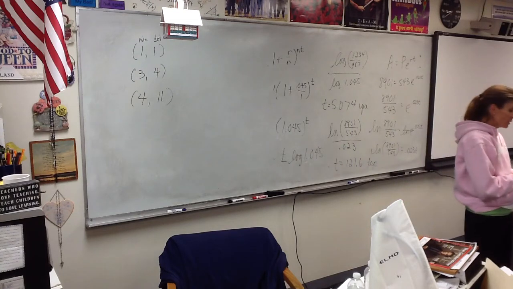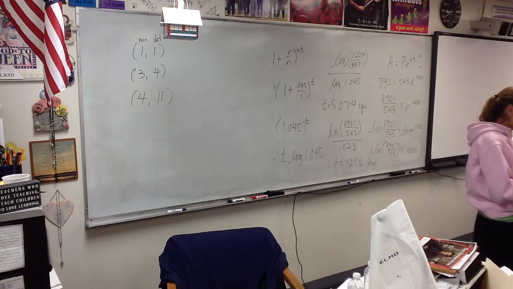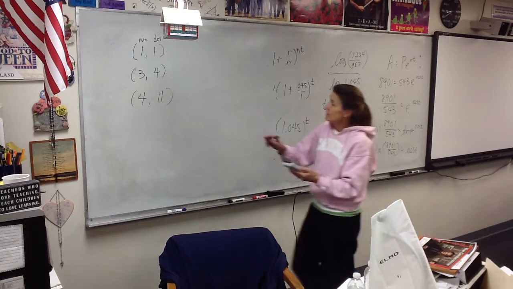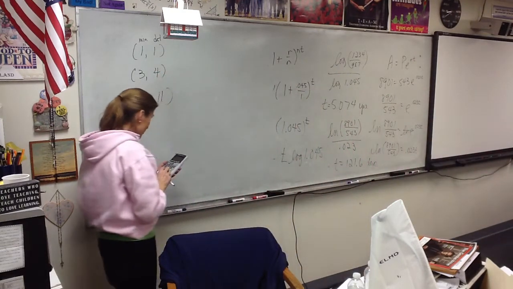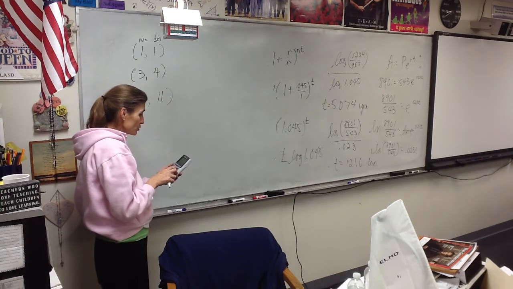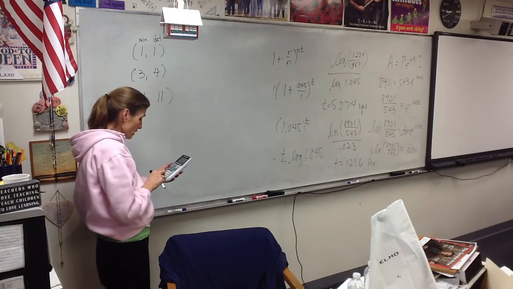Or you can just manually delete them, or you can just type over them. Whatever's easiest for you. This is L1, there's only 3 points, 1, 3, 4. And L2 is your Y's, so that would be 1, 4, 11.